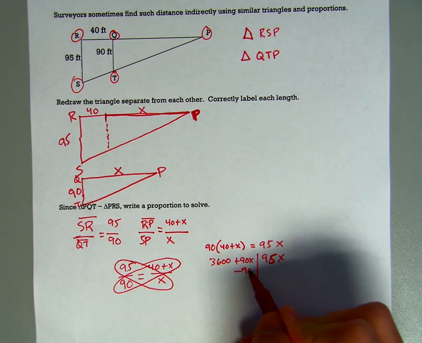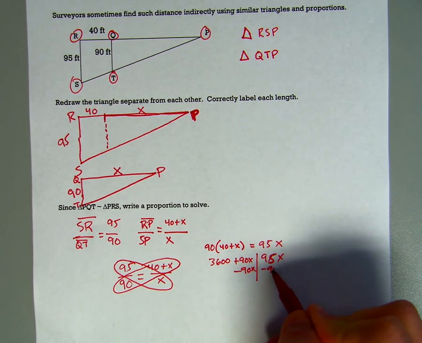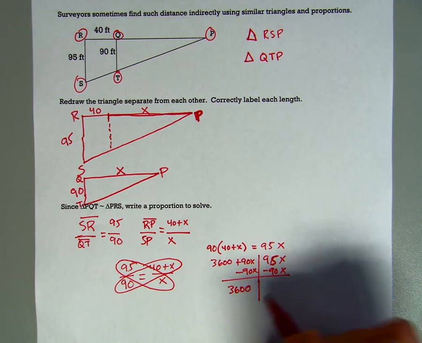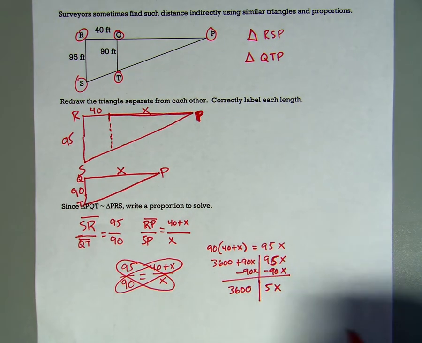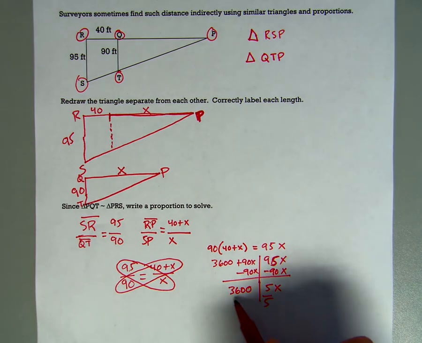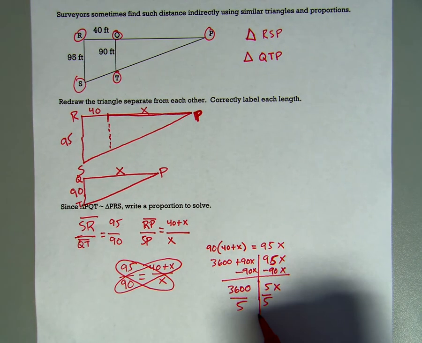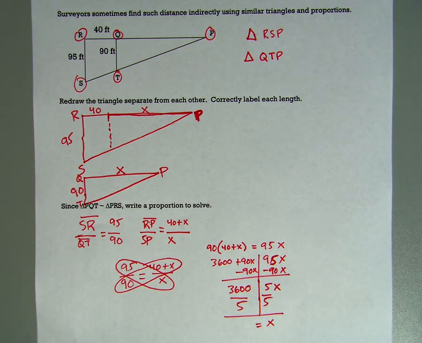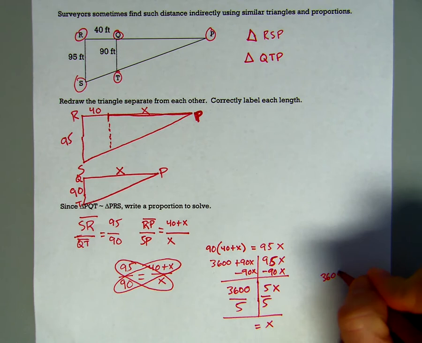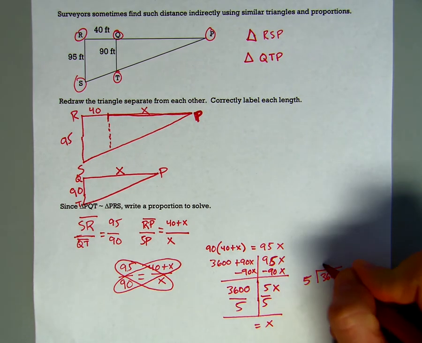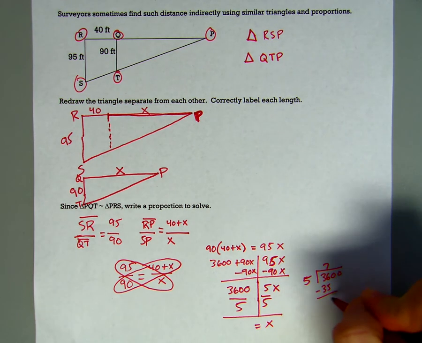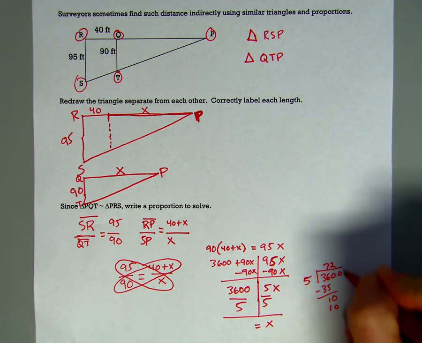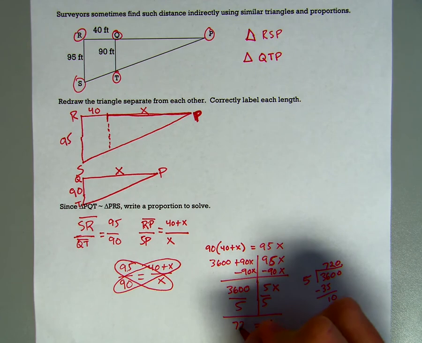I'm going to subtract 90x from this side, leaving me with 3600 over here. And then I'm left with 5x over here. Divide by 5. And I should get x is equal to, see, 5 goes into 3600 let's say 720 times.